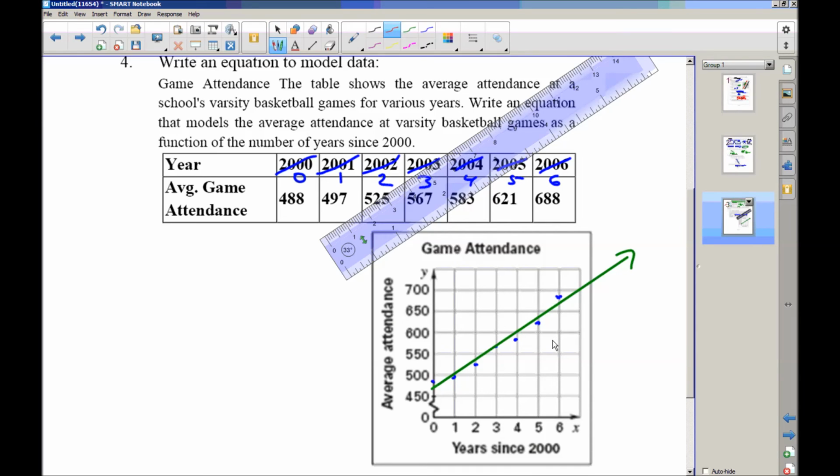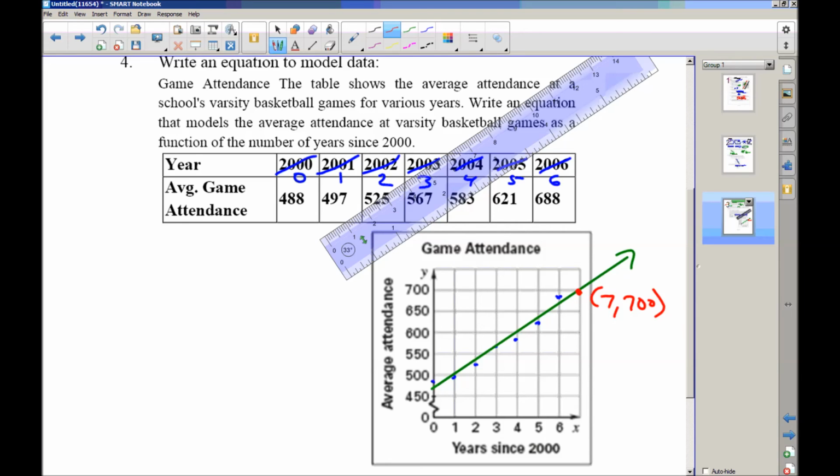Okay, so I'm going to pick, it looks like year 7 is almost exactly 700. So this is 7 and 700. And then I'm going to also pick, let's see when else it looks pretty close here.